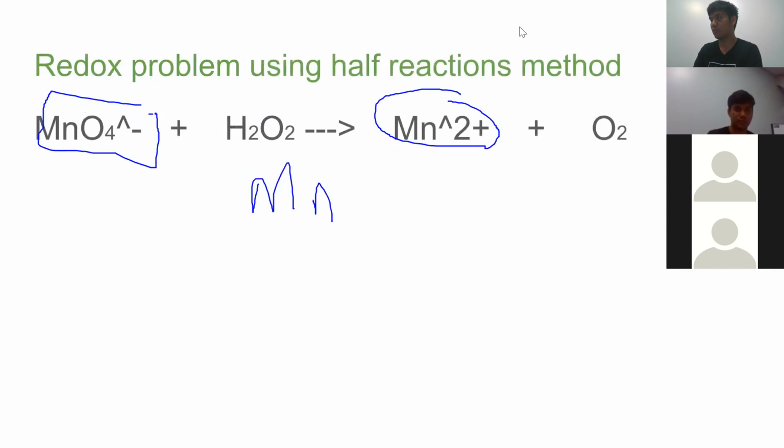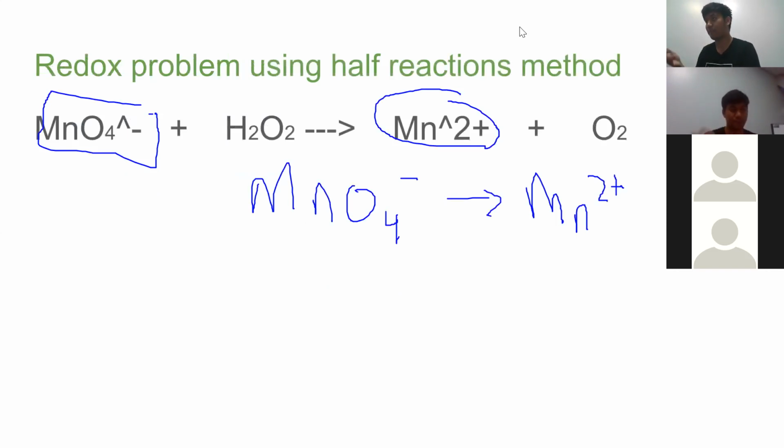So MnO4 minus makes Mn2 plus. As of right now, it seems very confusing, like what are you doing? But after lecture going over redox reactions, come back to this video and it will be a little bit more clear. So I'm splitting these two into half reactions.